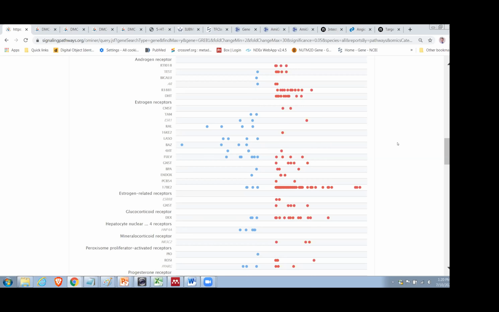The more often that a specific transcript is differentially expressed when you hit a node with whatever it is, in this case a small molecule, or it can be overexpression or knockdown, the higher it's ranked.